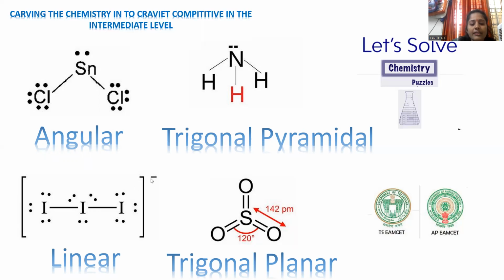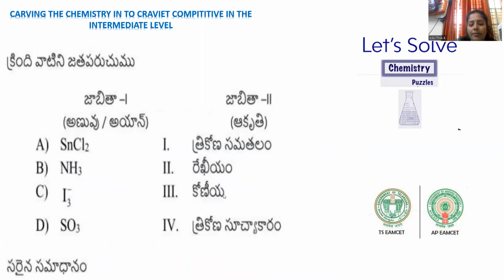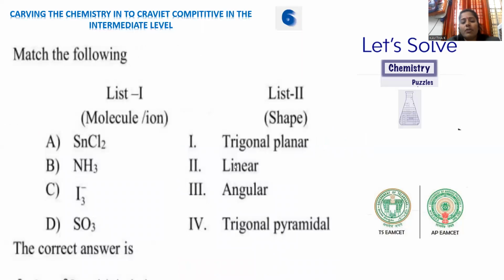And in I3 minus, all the iodines are lying on the same line, hence we can say linear, and with the negative charge, hence it is an ion. SO3 is the sp2 hybridized compound with trigonal planar geometry. This is the way we can answer, and all the compounds are mapped with their molecular shapes.